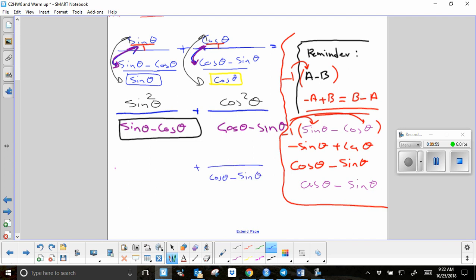And on the top, I'm going to have cosine squared of theta, correct? However, I'm going to multiply this by a negative 1. And I'm going to get, just like what I did over there, negative sine plus cosine, or minus sine.